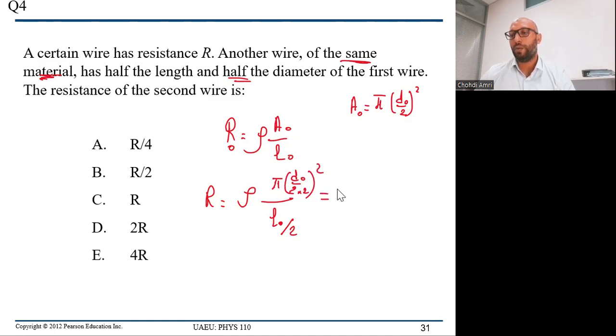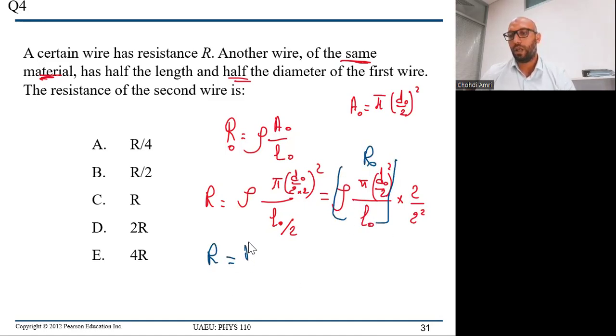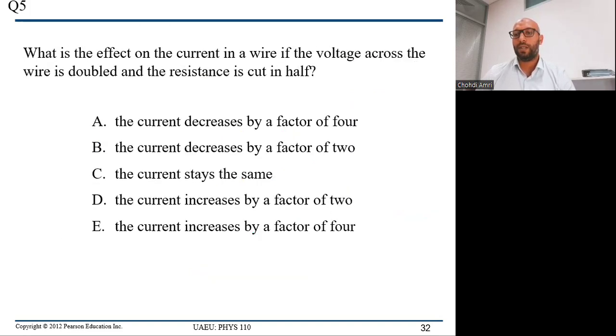So it will be rho, over pi d naught squared over 4, with L naught over 2 on top. This 2 will be times 2, and we have over 2 squared. So we will get R equals R naught divided by 2. So what happened to the resistance? It will be divided by 2. And we are done. Last example.